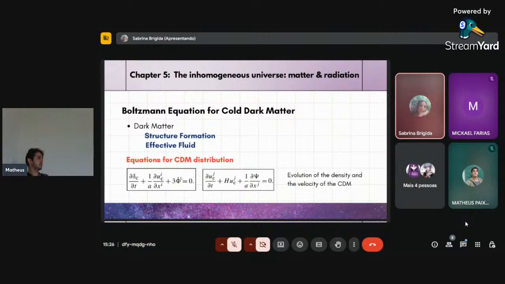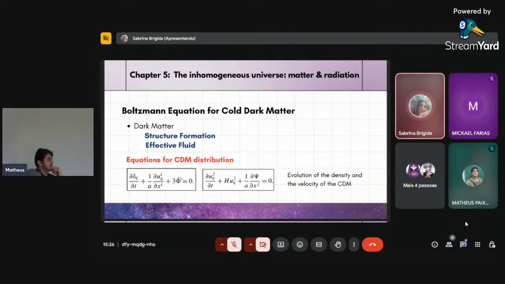So as we did for cold dark matter, for the Boltzmann equation for baryons, we have electrons and nuclei that can be treated as a non-relativistic fluid. And we only have to take the first two moments of their Boltzmann equations, as we did for dark matter, because it is non-relativistic.